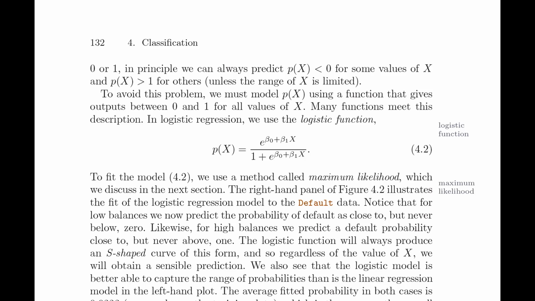And again, even if it's on a specific interval, you may still have probabilities less than 0 or greater than 1. To avoid this problem, we must model p of x using a function that gives outputs between 0 and 1 for all values of x.